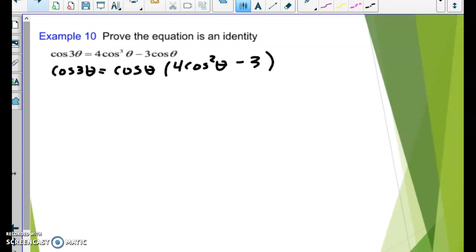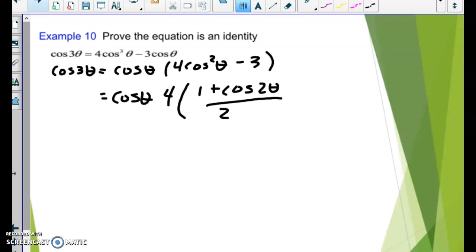And if I rewrite it as 4 times the quantity of 1 plus cosine 2 theta over 2, using this formula, so I'm changing the cosine squared using the half angle formula.